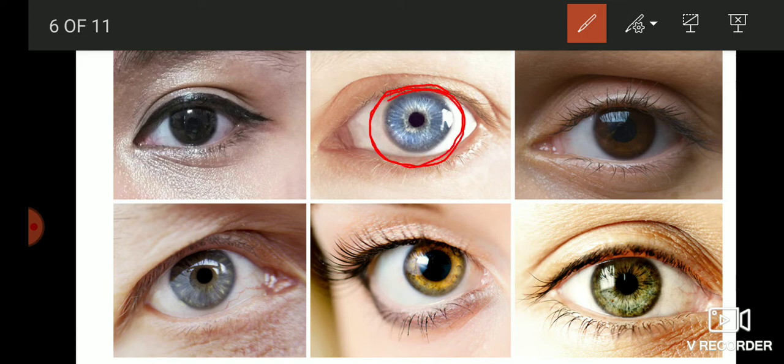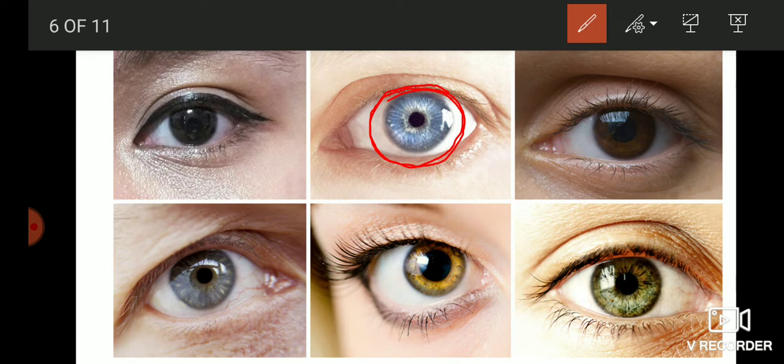The iris controls the amount of light which enters the retina. The iris is a dark or light colored muscular diaphragm which has a small circular opening in the middle, and the central circular aperture, or the hole, is known as the pupil. The pupil appears black because no light is reflected or coming from it.